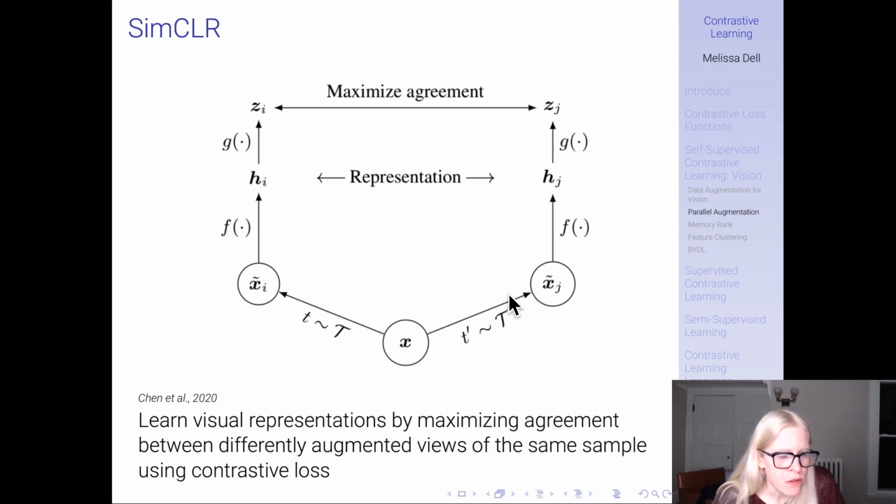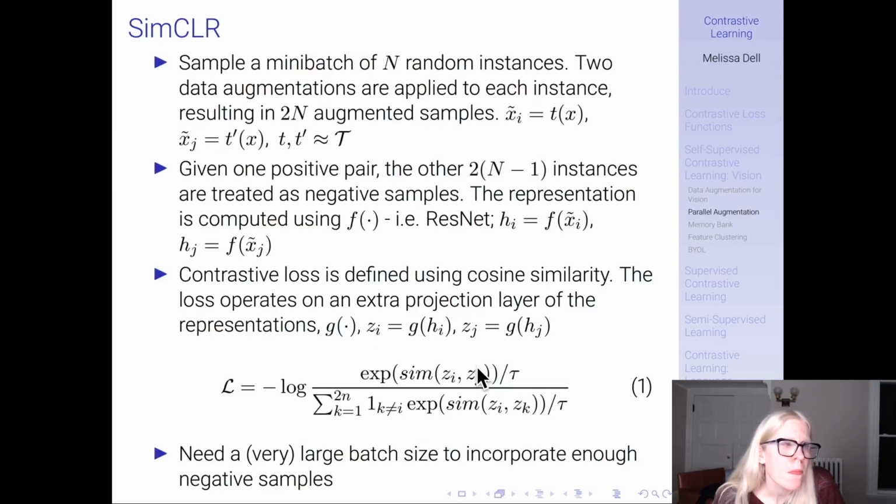And so it learns visual representation by maximizing agreement between the differently augmented views of the same sample using a contrastive loss. Specifically, you sample a mini batch of n random instances, and 2 data augmentations are applied to each instance, resulting in 2n augmented samples.